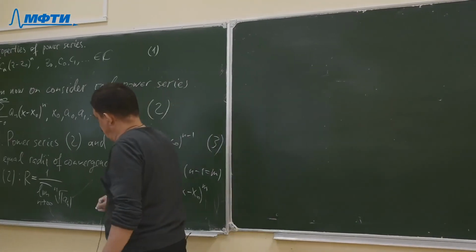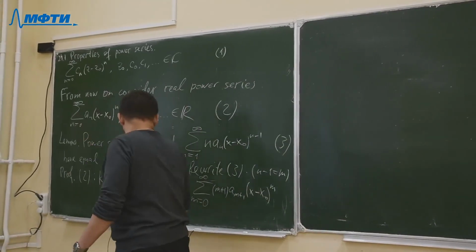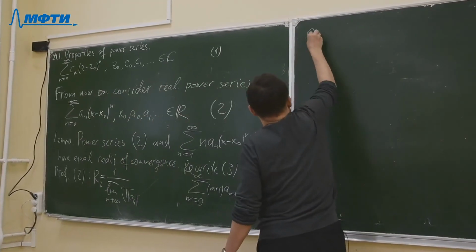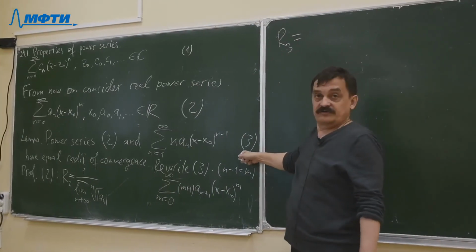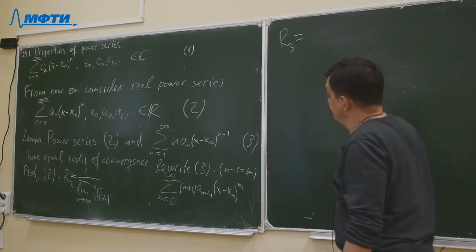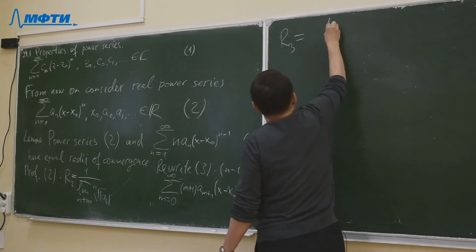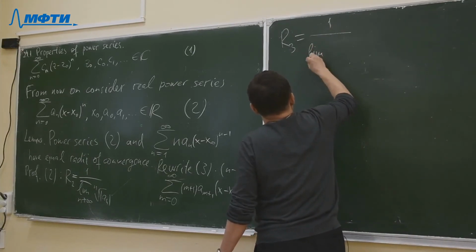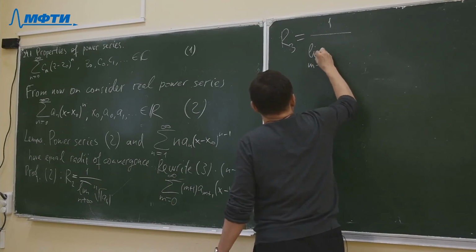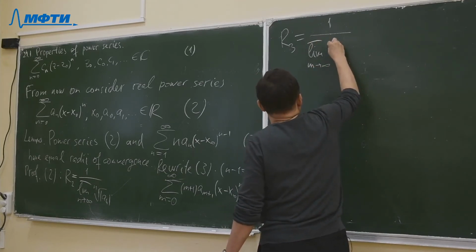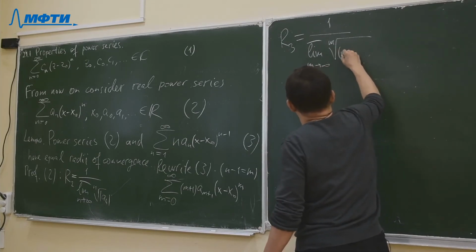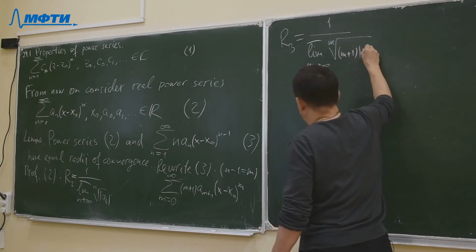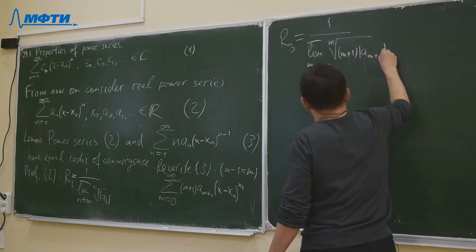Let me call the first radius R2, right? And then what is R3, the radius of convergence for 3? That is 1 over the upper limit as m tends to infinity of the mth root of (m plus 1) modulus of a_{m plus 1}, right?